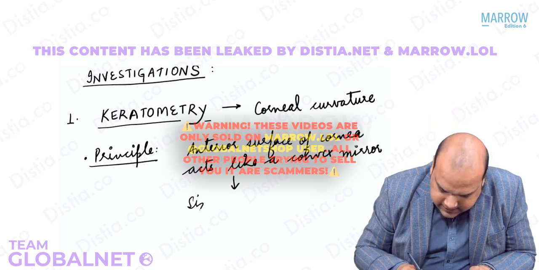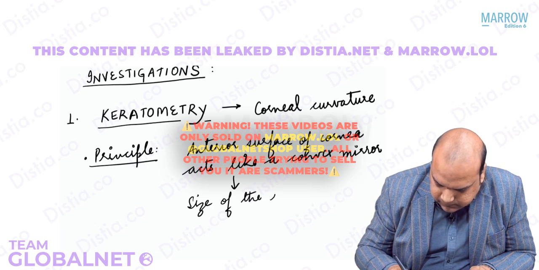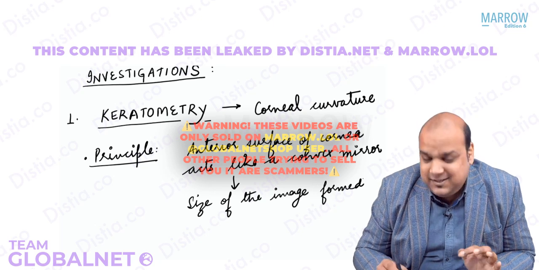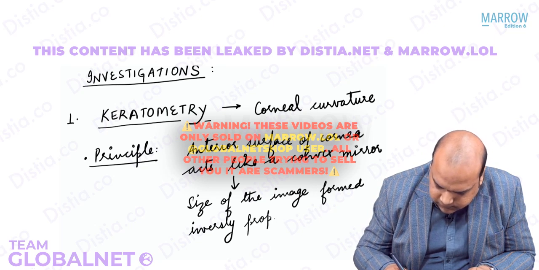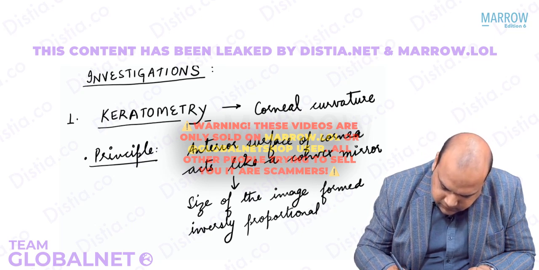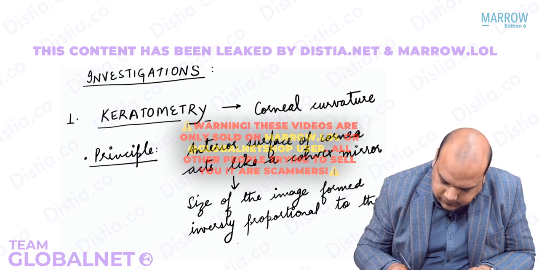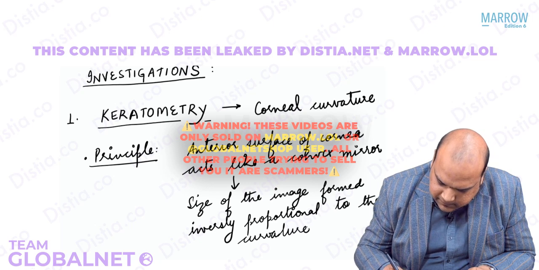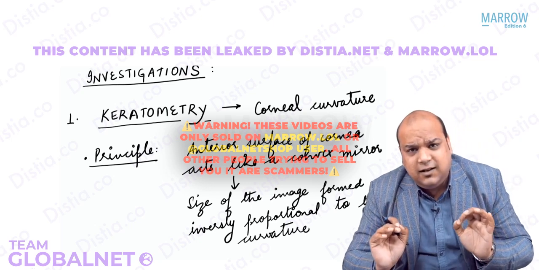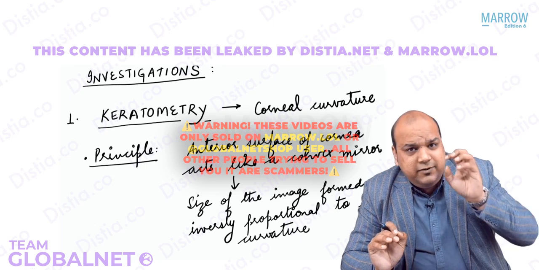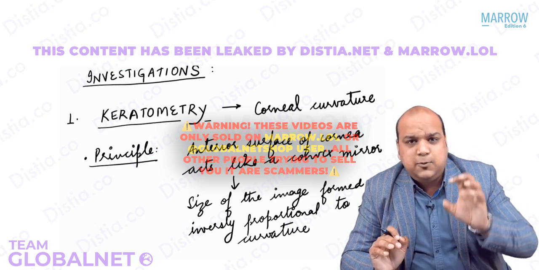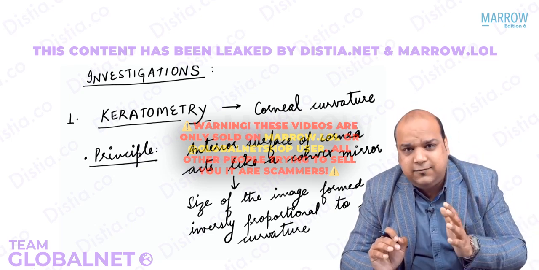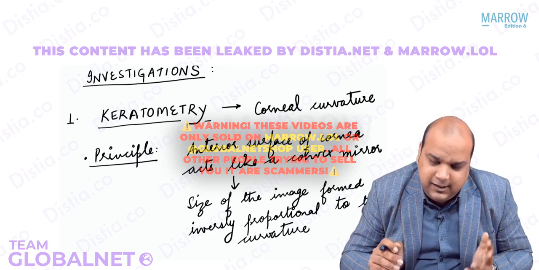So the size of the image formed on this surface is inversely proportional to the curvature. So basically, the more the curvature, when we throw light onto the cornea anterior surface, the image formed will be smaller. So based on the size of the image that we see forming, we are able to ascertain the corneal curvature. Let's see how, everybody.